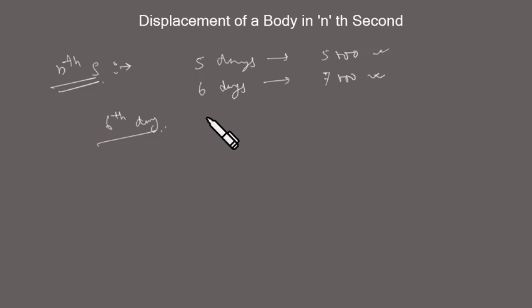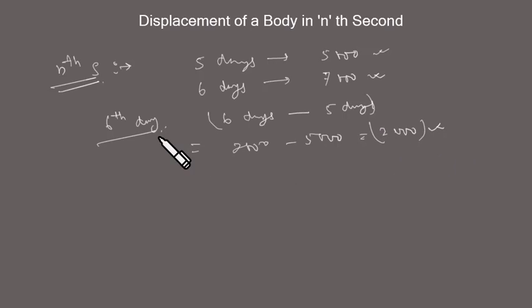Of course, the number of people infected in 6 days minus the number of people infected in 5 days, right? That means we can also say the number of people infected in 6 days minus 5 days. So 7,000 minus 5,000 equals 2,000 people. That's the number of people infected on the 6th day, that particular day.